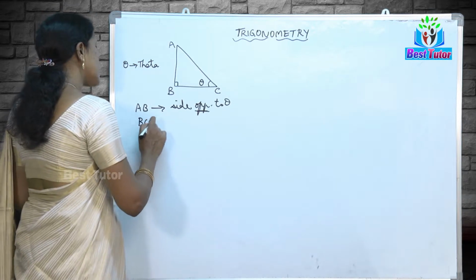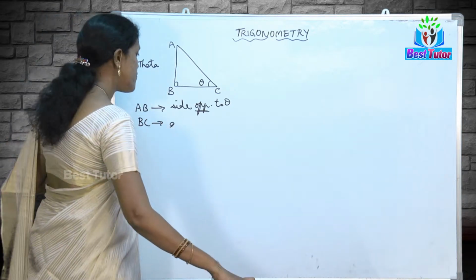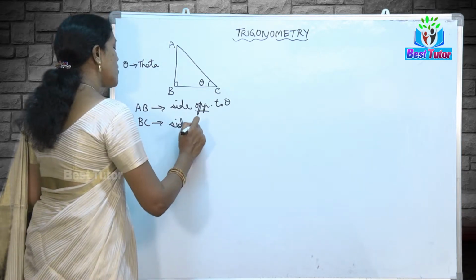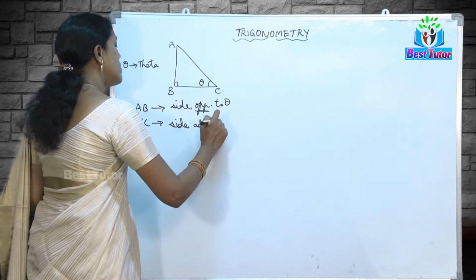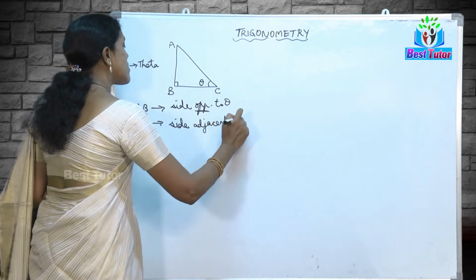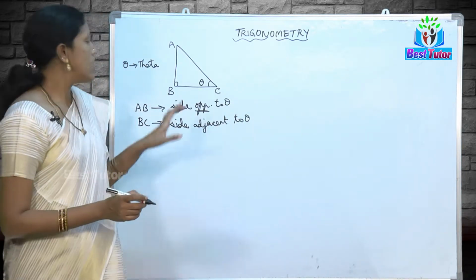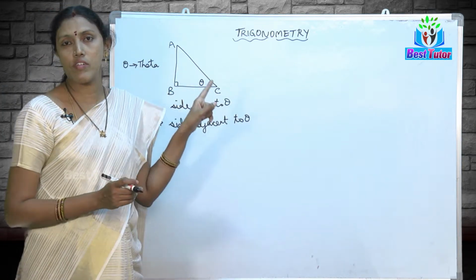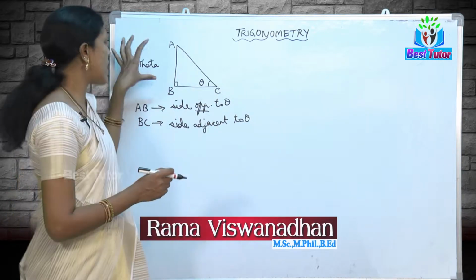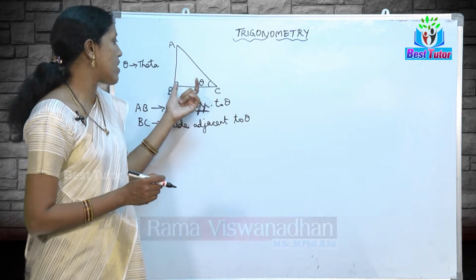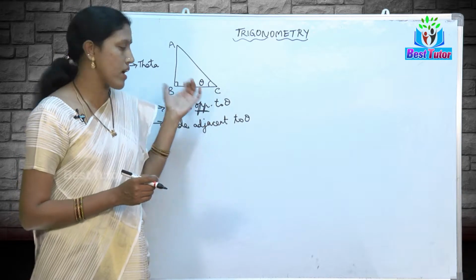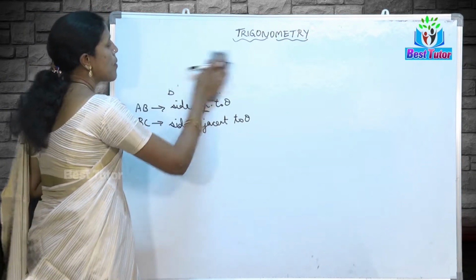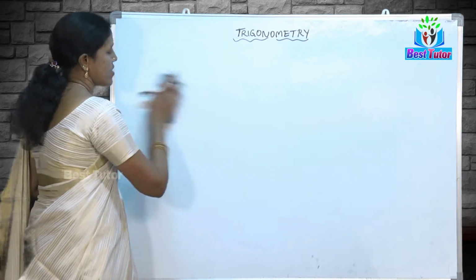Similarly, BC is the side adjacent to theta. So in this right angle triangle, we have considered angle ACB as theta, which is the angle under consideration. Then AB is the side opposite to angle theta and BC is the side adjacent to angle theta. Now we have 6 basic trigonometrical ratios.